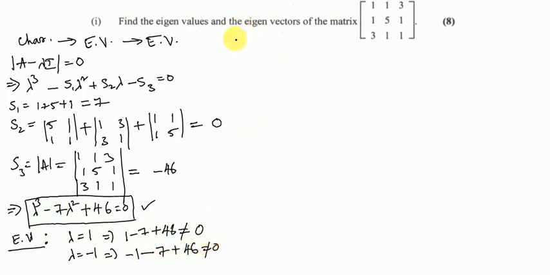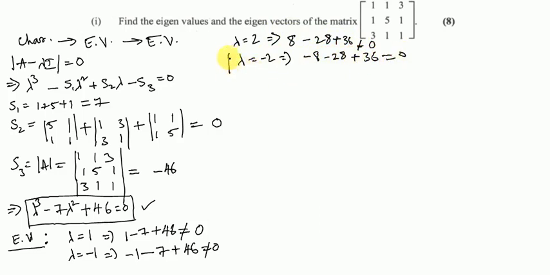Let's try lambda equals 2. Alternatively, we substitute 1, minus 1, 2, minus 2, like that. If you put 2, you will get 8 minus 28 plus 36, which is also not equal to 0, and again put minus 2. This will give you minus 8 minus 28 plus 36, which is equal to 0.